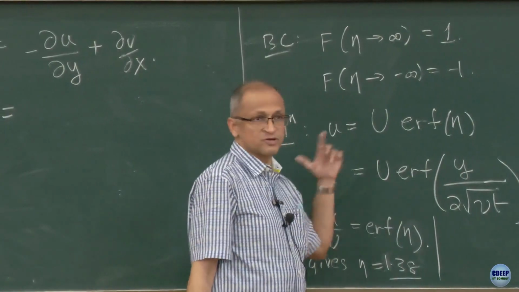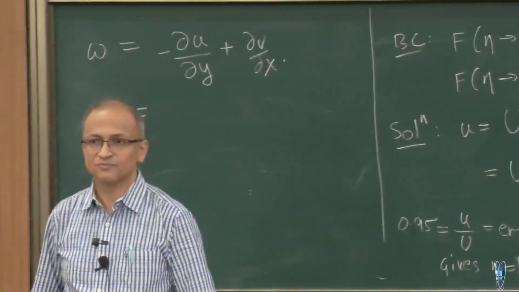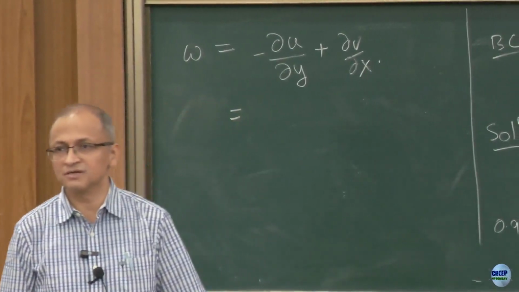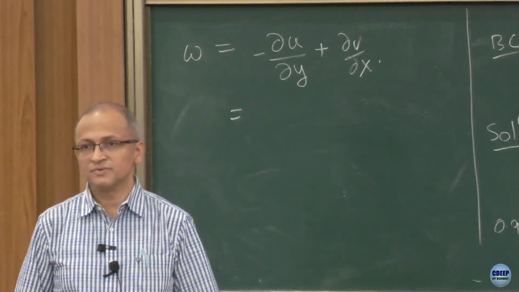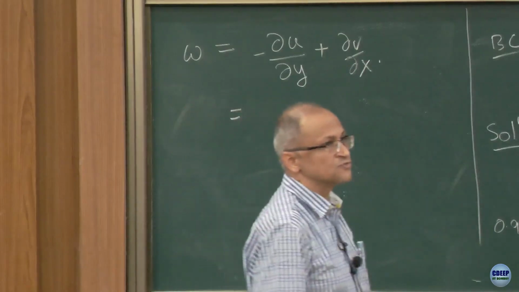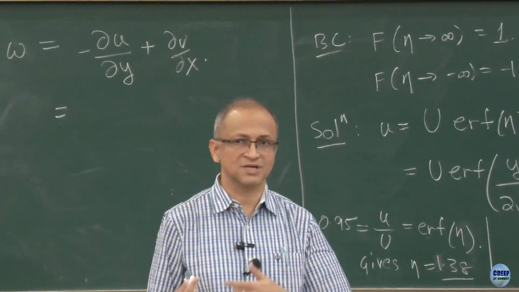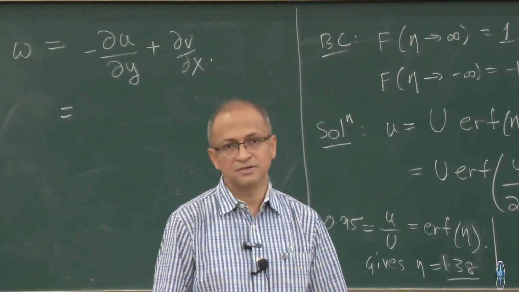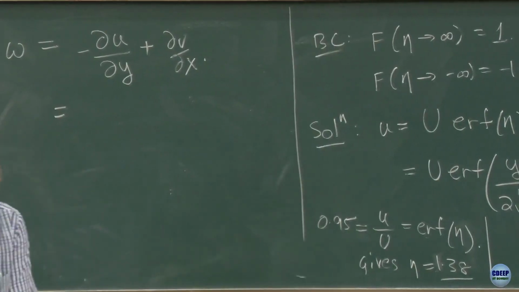So what is the derivative of the error function? Think of it the other way around. What was it an integral of? It was an integral of e to the minus eta square, which is a Gaussian function. So from a Gaussian function, by integrating, you got an error function. That means if you start with the error function and differentiate it, you will get a Gaussian function. So that's what you get.